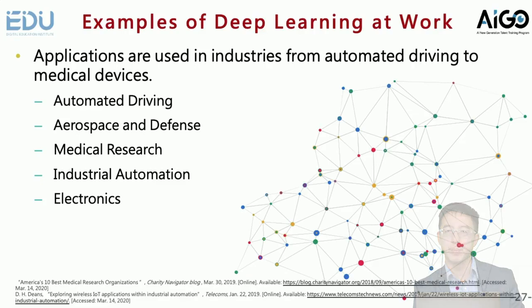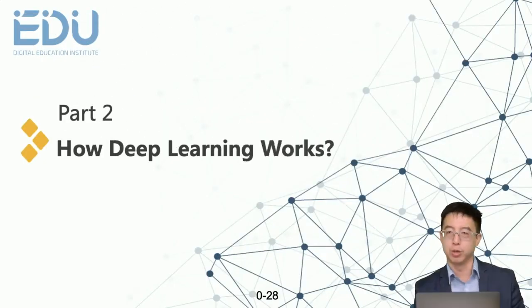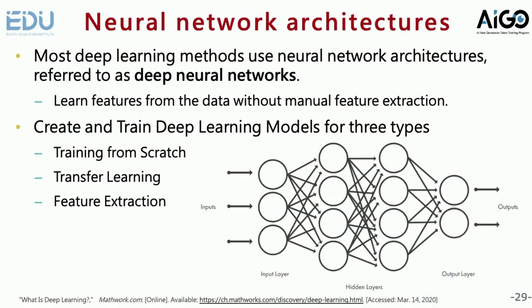It can be used in many fields such as automatic driving, aerospace and defense, medical research, industrial automation, and electronics. And how deep learning works, I think, is very important, and many audience members want to listen about this. First of all, why do we use the terminology of learning for the deep learning neural network?